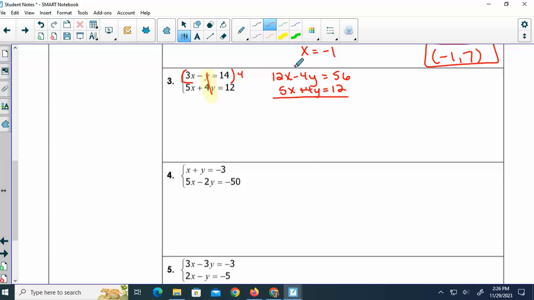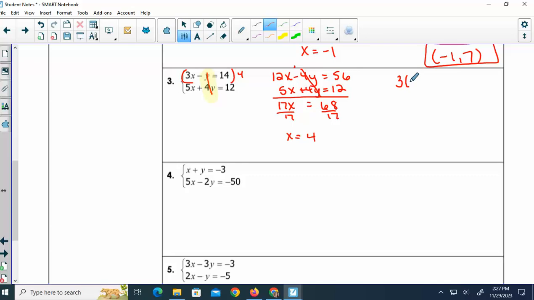So when we add those together, 12x plus 5x is 17x. Negative 4y and positive 4y cancel. Equals 68. Divide. And x is 4. So then we have to plug it back in, either equation.